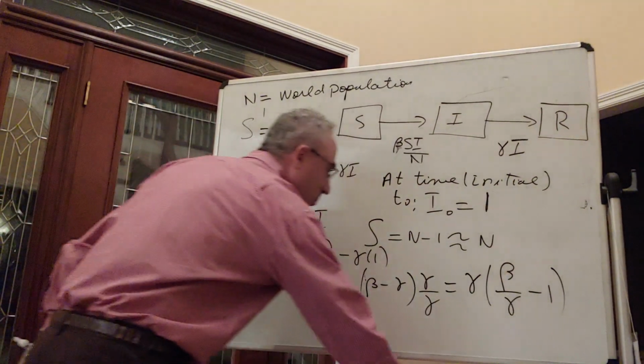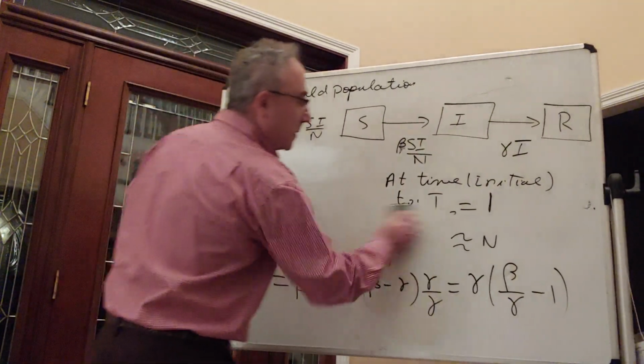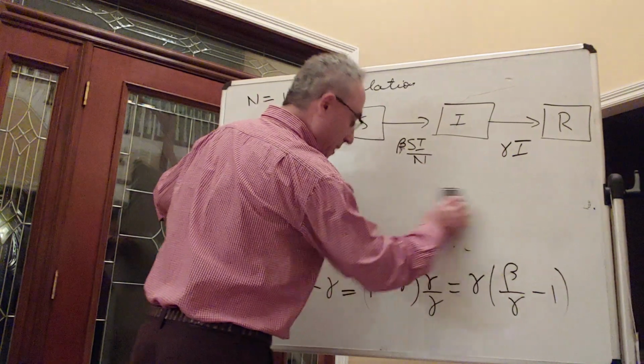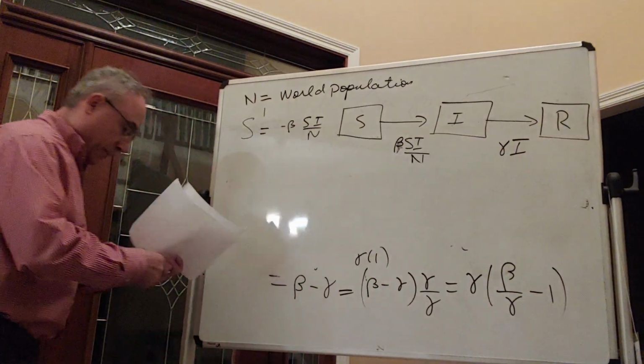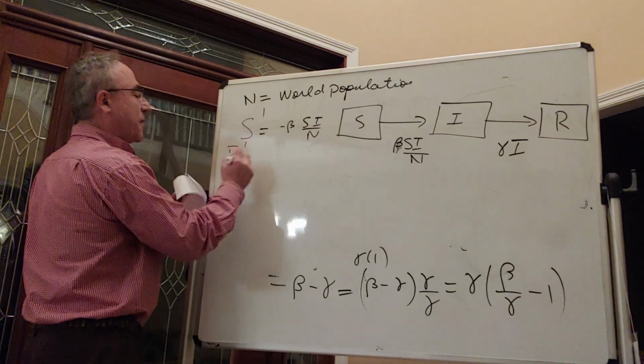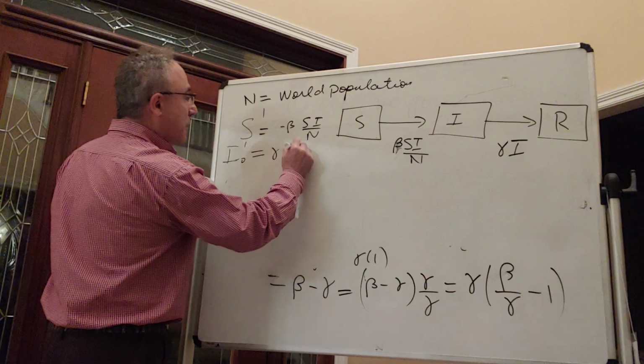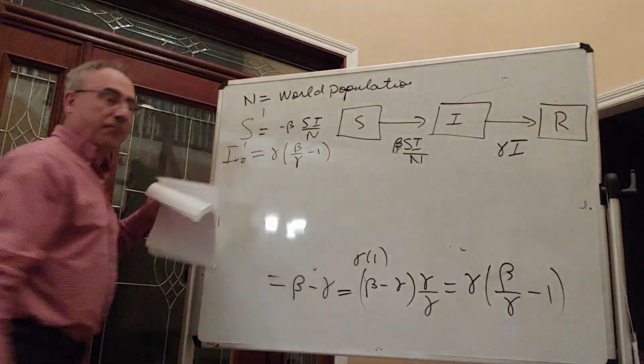Okay, so let's say what we have now. I really don't need any of this. So let me rewrite here. I have the rate of change of the initial people who are going to get infected is gamma times beta over gamma minus 1.